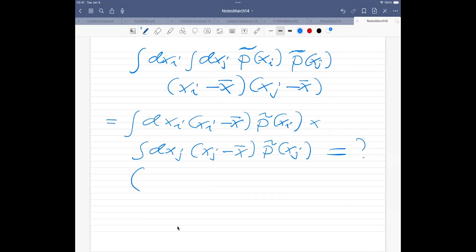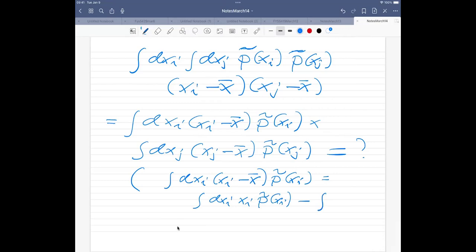If I look at the integral dx_i of x_i minus x bar multiplied with P of x_i, that is going to be an integral over dx of x_i P of x_i, minus, and now this is a constant, the integral of P of x_i dx_i.